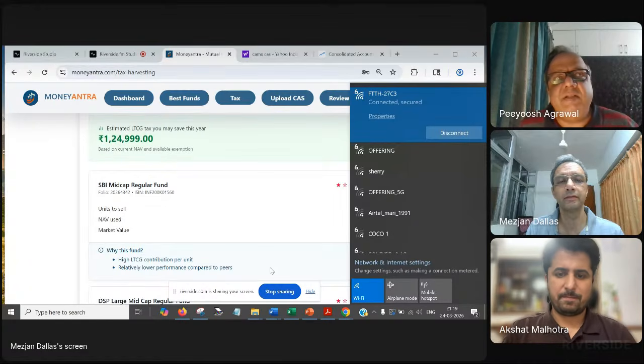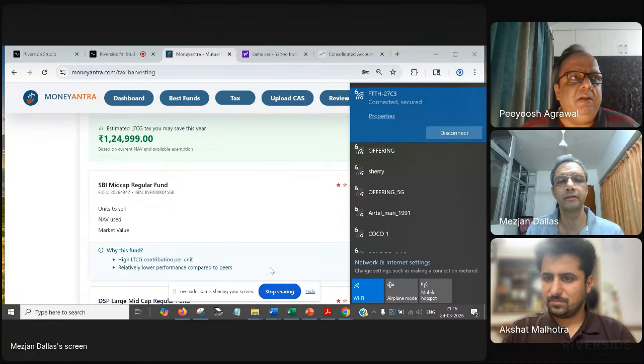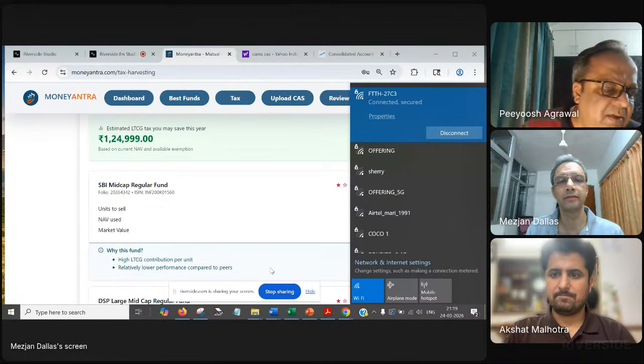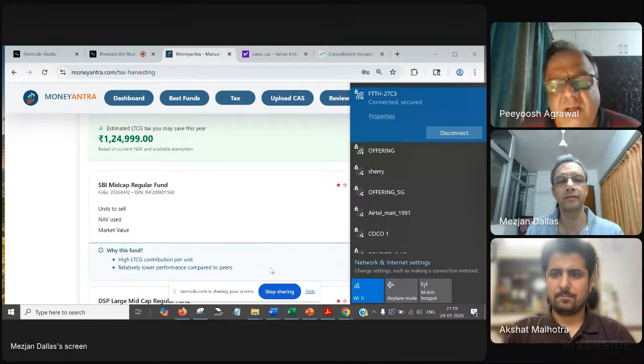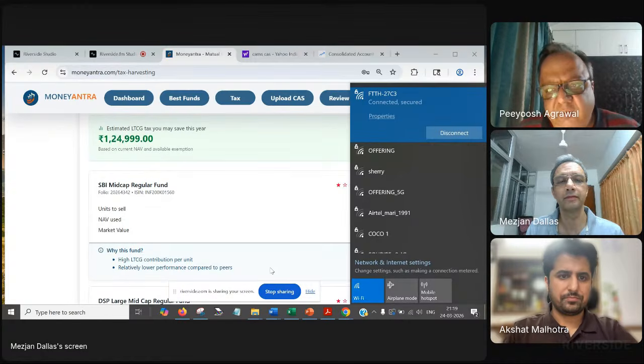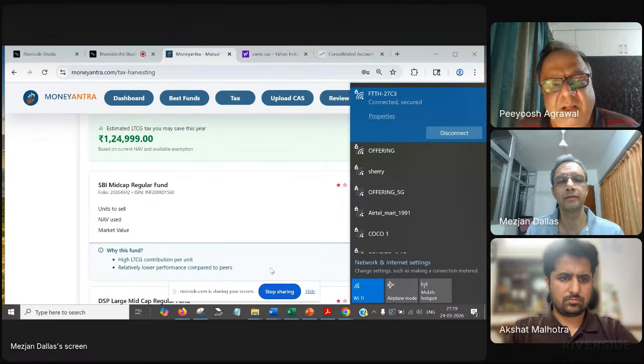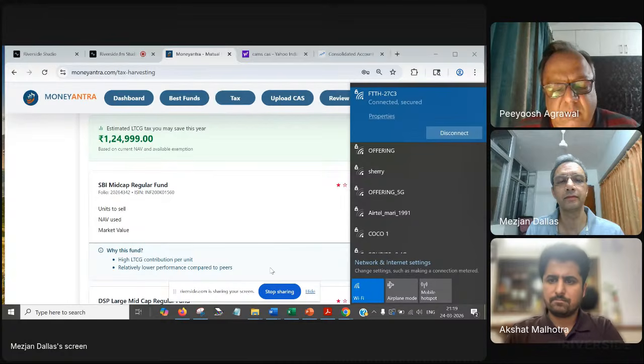Yeah, so what happens is that suppose you have a loss of 50,000 rupees in this financial year, and you file it in the returns, and you can carry it forward for the next 8 years until you set it off. Short-term capital loss gets set off from the long-term capital gain, but long-term capital loss cannot be set off from the short-term capital gain, right?